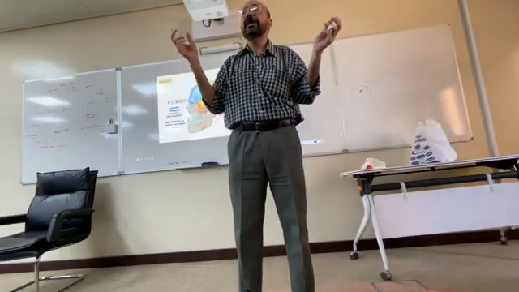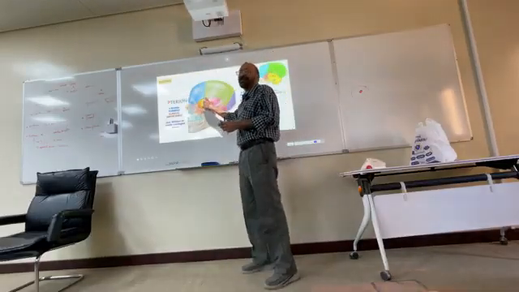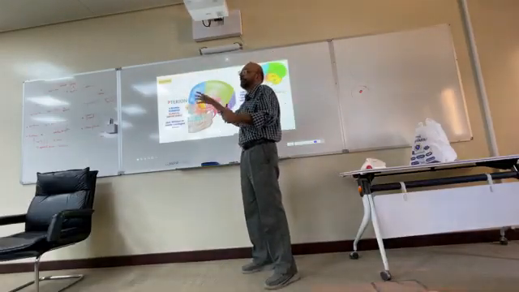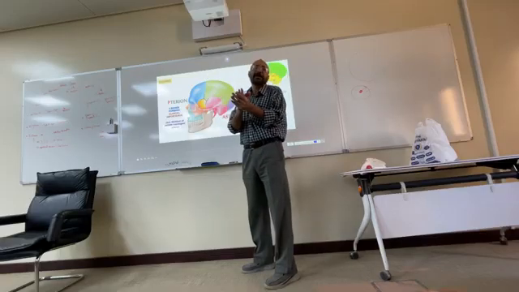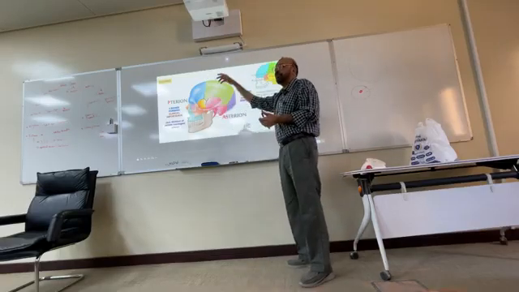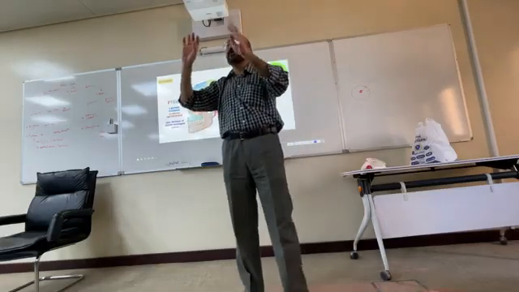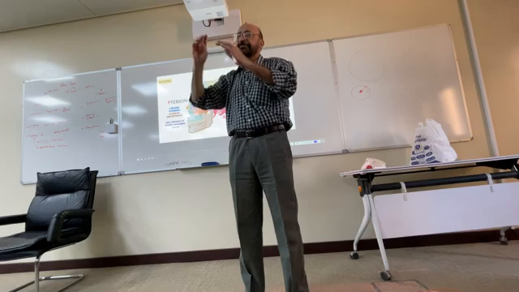Why? Because the hemorrhage which occurred here took 5 to 6 hours to develop and compress the brain. Understanding? So, this is a very important feature of pterion, and that period of awakeness is known as lucid period.